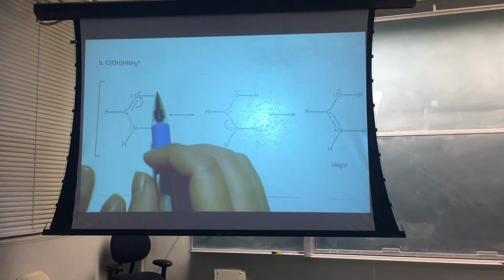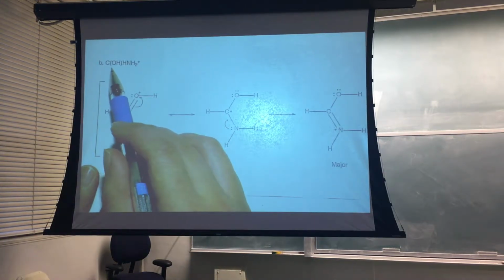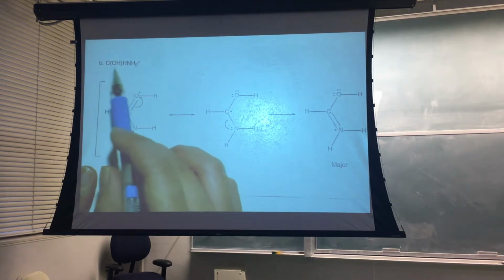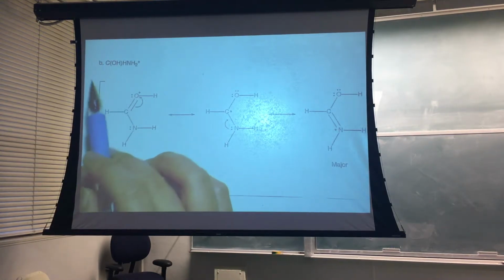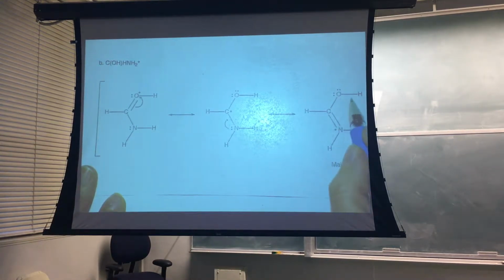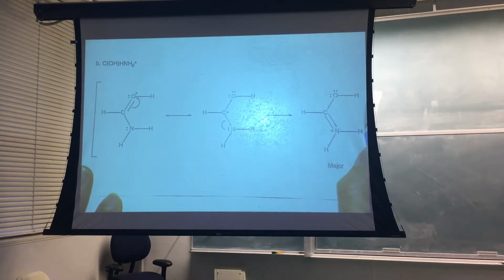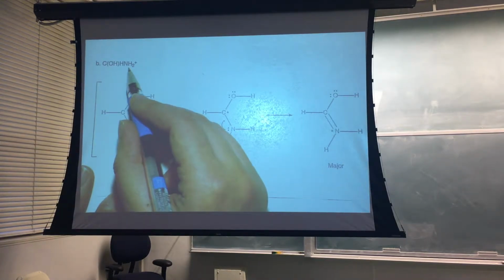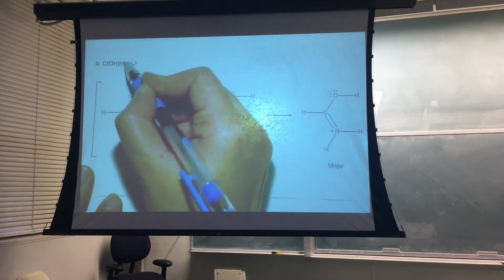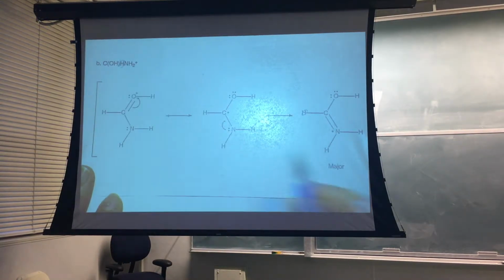The most problem I see in the past is drawing this one, because carbon has an OH. The carbon has an OH, and then it's N, and it also has a hydrogen, and NH2+. So this is what exactly this structure is talking about.